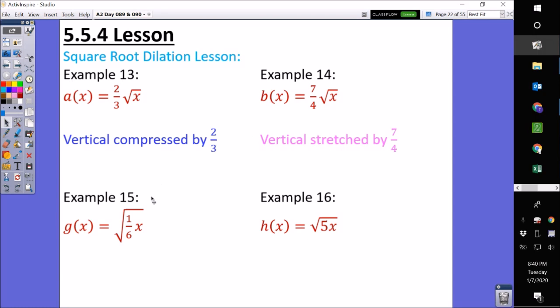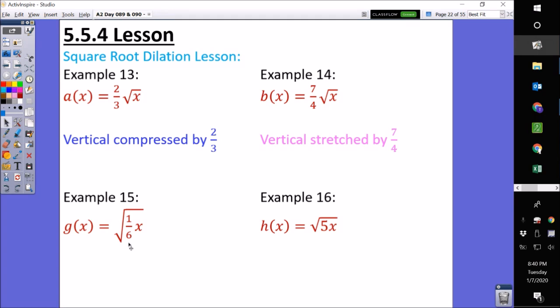Moving on to example 15. Here, we see that the 1 over 6 is inside and in front of the x, so this is going to be a horizontal dilation. Looking closely at the number, the numerator is less than the denominator. Since the top number is less than the bottom number, our fraction is less than 1.